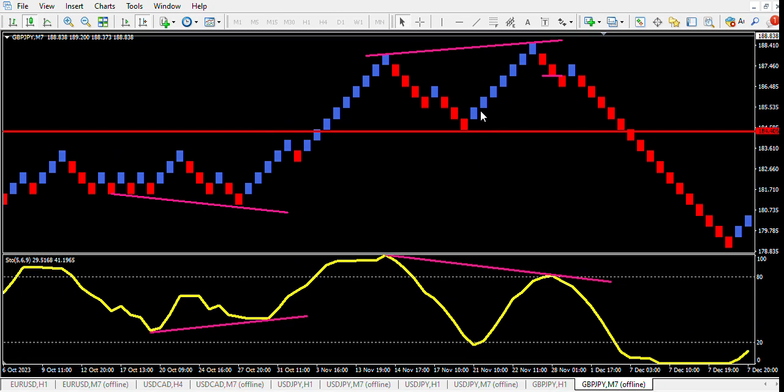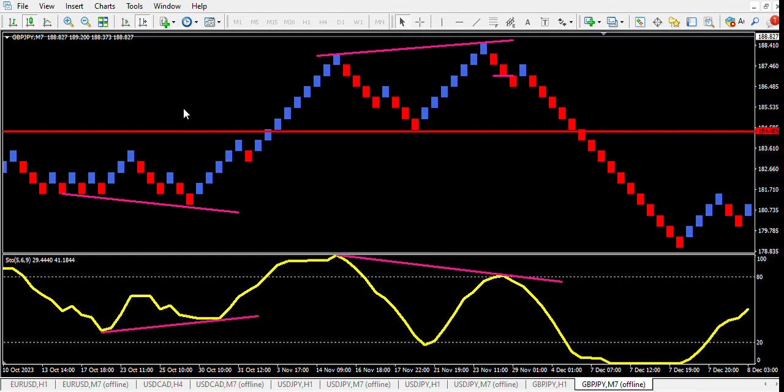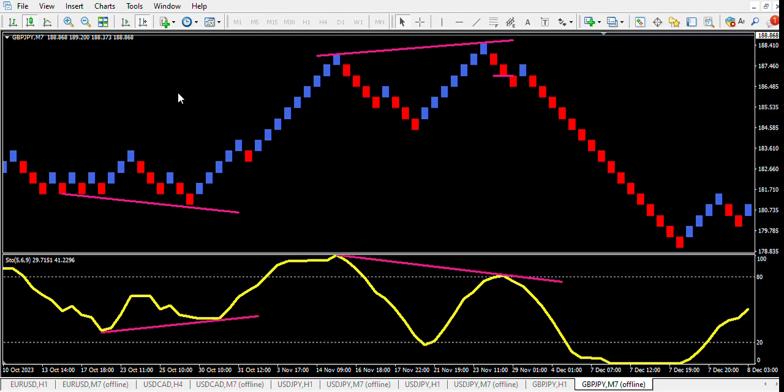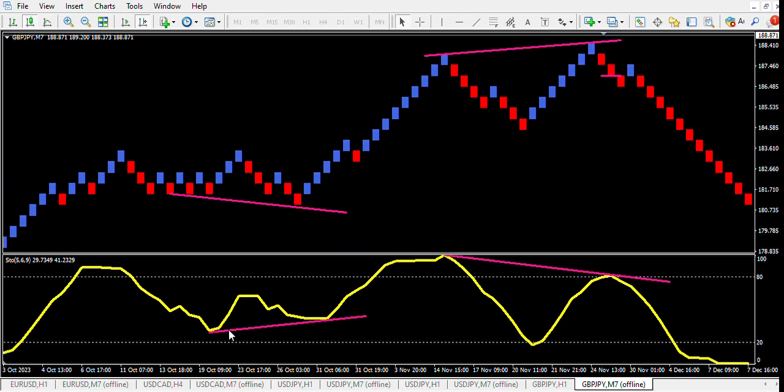But that take profit zone, it's very effective. We'll just keep looking left here, and I want to show you a few more examples. Okay, so you can see right here we are divergent.